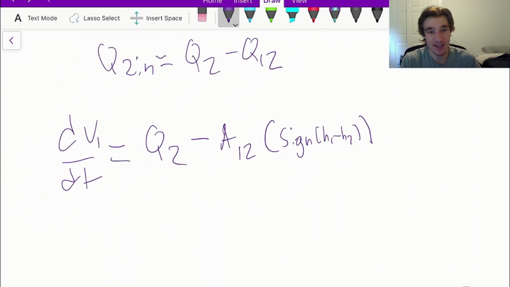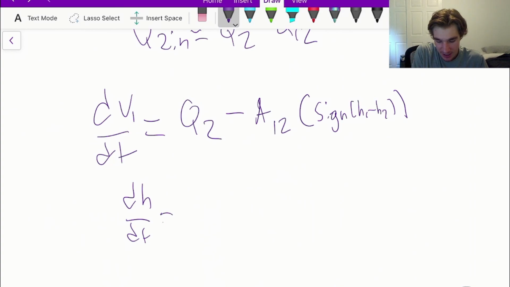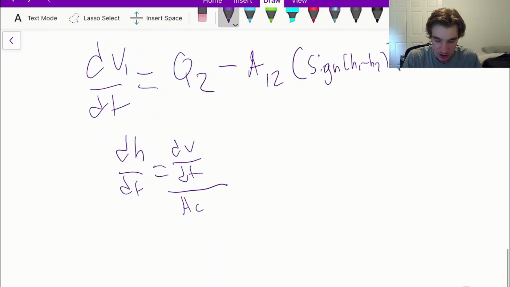So we have that right there, and we don't want dV over dt. Remember, we want dH over dt. And that right there is equal to dV over dt over the cross-sectional area. This should not be, this is Q in 1. Don't know why I wrote Q2 there.